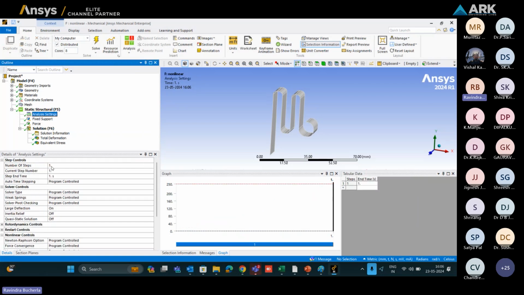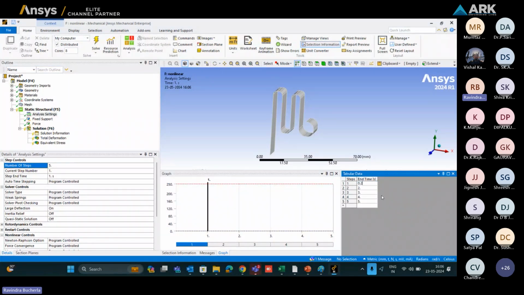If you want to apply in multiple steps, you can use this value. Like if you want to apply in 5 steps, the first step will end at 0.2, then 0.4, 0.6, 0.8, and 1.